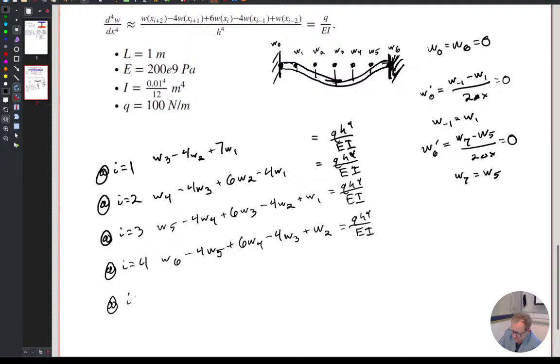And then the last one is at 5. Oh, and W6 is 0, so I can get rid of that one because I'm not trying to solve for it.